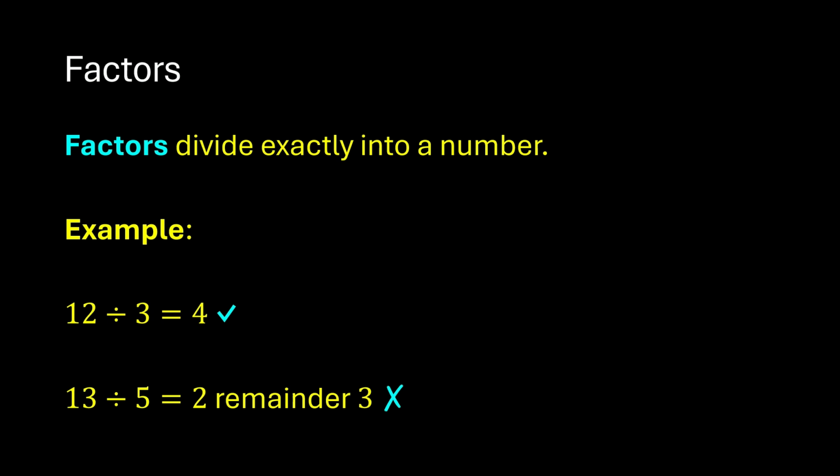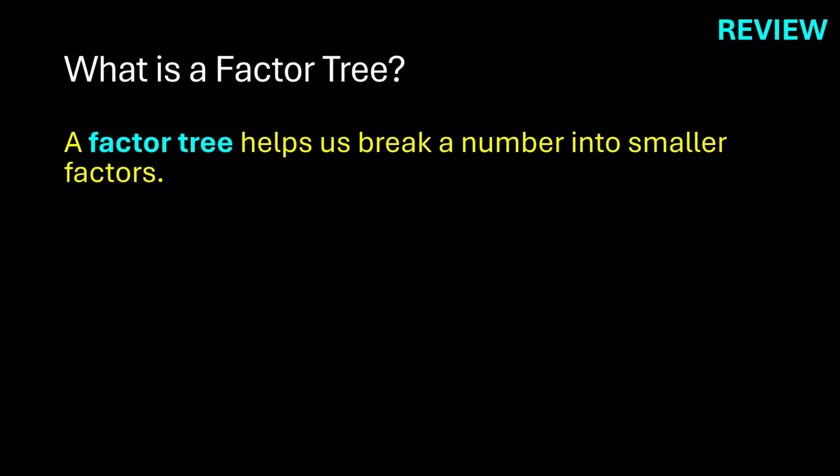A factor tree helps us break a number into smaller factors. So, for example, if we look at the number 24, we can begin by noticing that 24 equals 4 times 6, and then we can continue splitting until all the branches end with prime numbers.